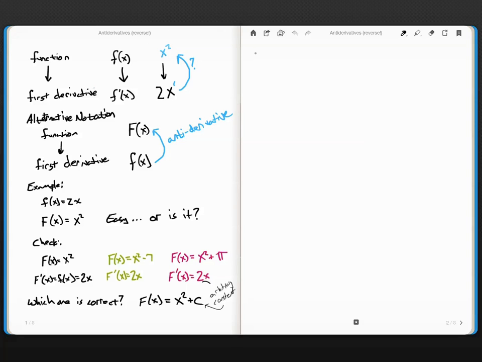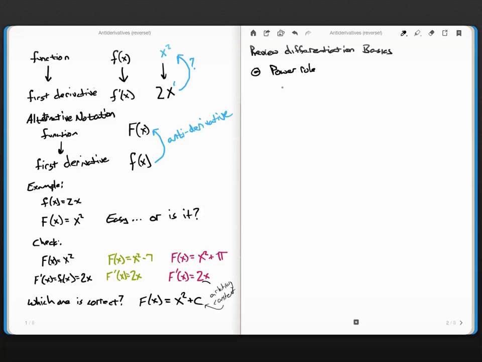All right, so let's review the derivative basics, or differentiation basics. First of all, we have the power rule. What does that say?